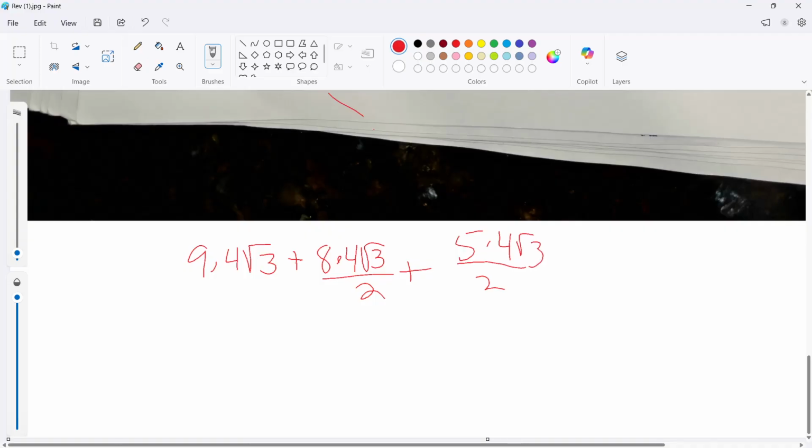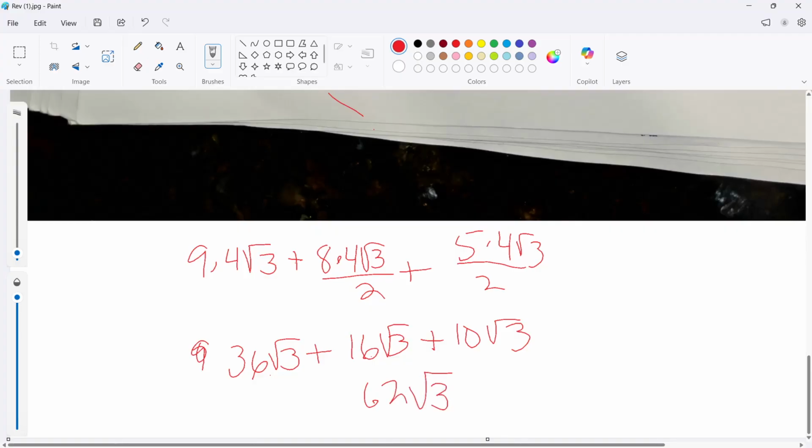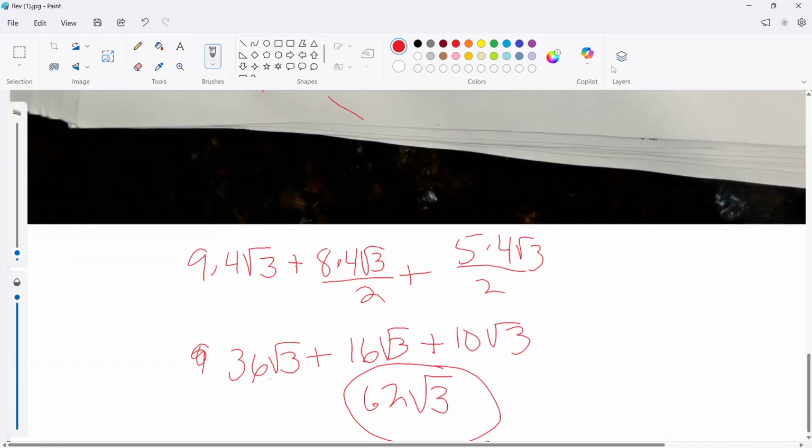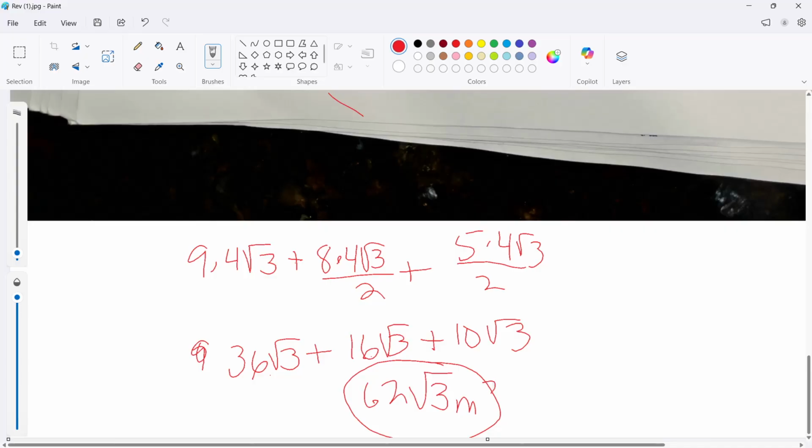So 9 times 4 is 36 root 3 plus 16 root 3 plus 10 root 3. 36, 46, 52, 62, 62 root 3. I can add them all together because they're all root 3s. And are there units there? Meters. That's meters squared.